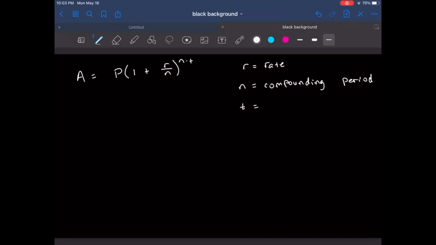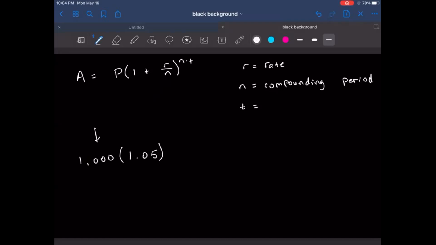The most important part here is to notice that your rate is divided by that compounding period. In the simplest case, say I have $1,000 as my starting amount, and I get 5% a year.